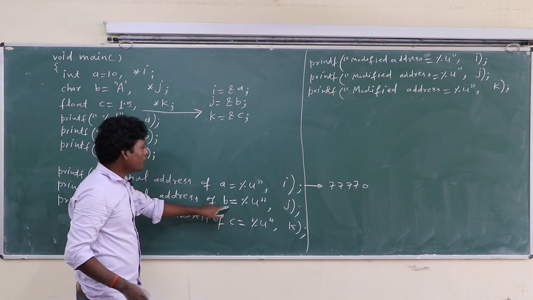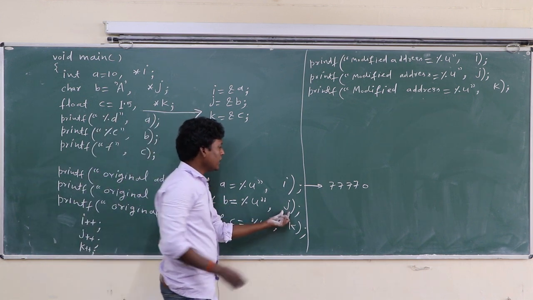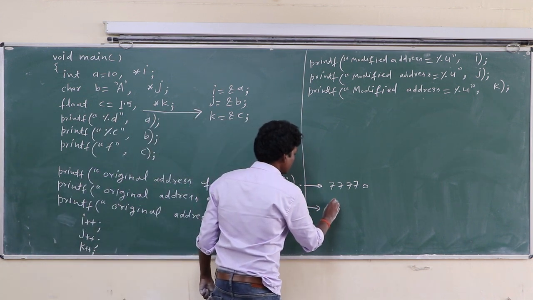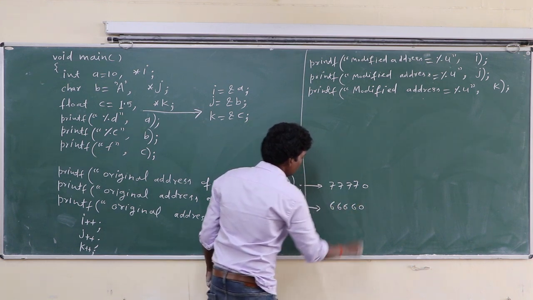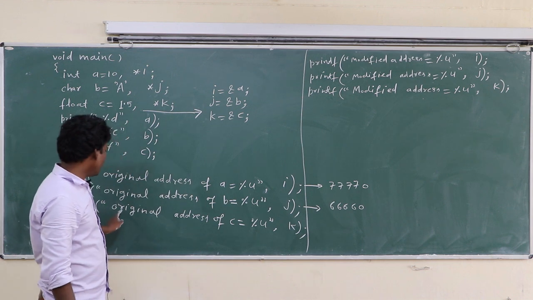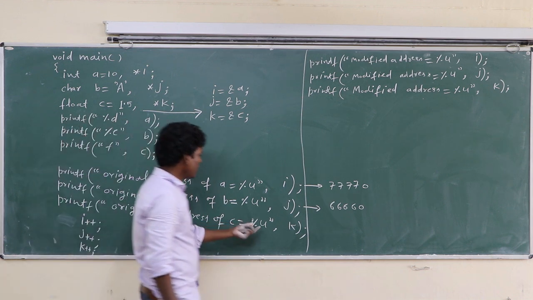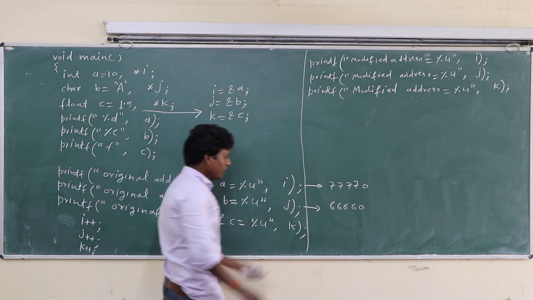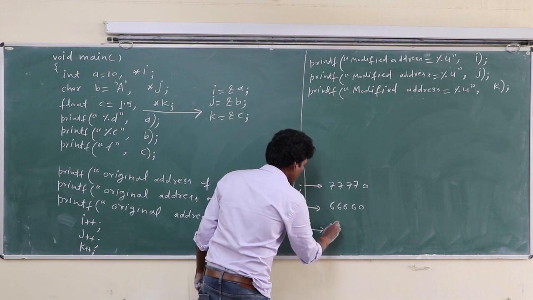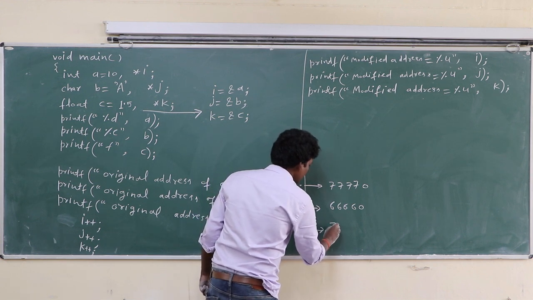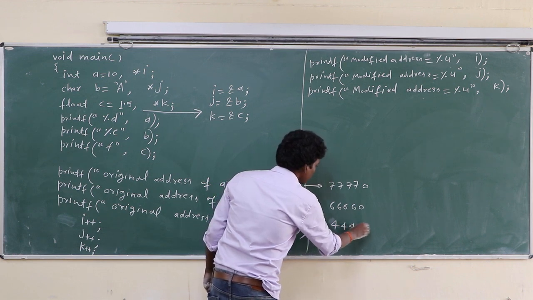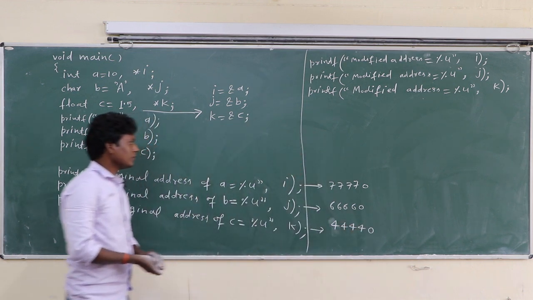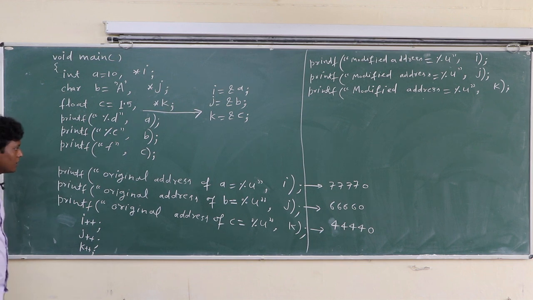Original address of b, %u prints j. Suppose b address is 66660, and original address of c equal to this, %u prints k, suppose address is 44440. Okay class?